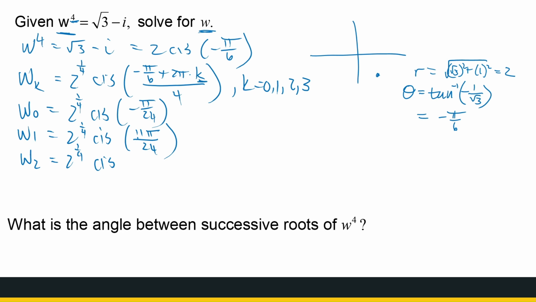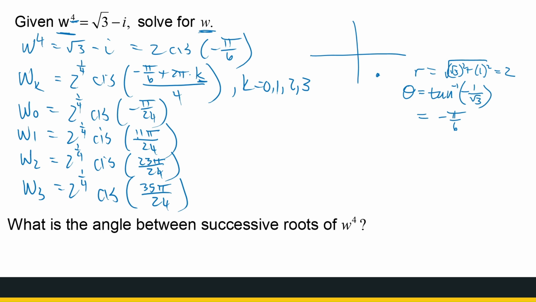In terms of sixes, that's 24 over 6, minus 1 over 6 is 23 over 6, divided by 4 is 23 pi over 24. And W3, 2 to the power 1 over 4, cis, if k is equal to 3, it's 6, that's 36 minus 1 is 35 pi over 24. There we go.